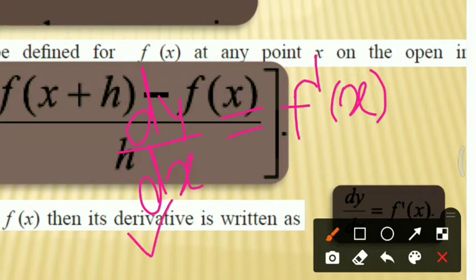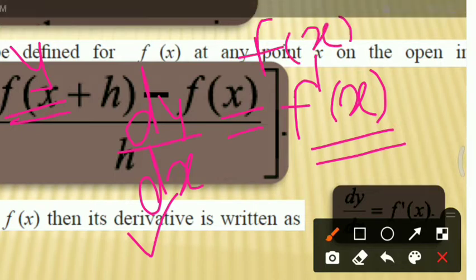The first notation, that is dy by dx, is used when the function is given as y, and the second notation f dash of x is written when the function is given in the form of f of x.